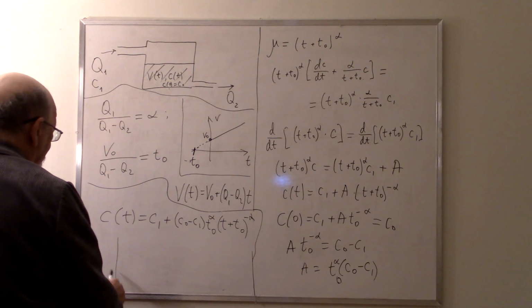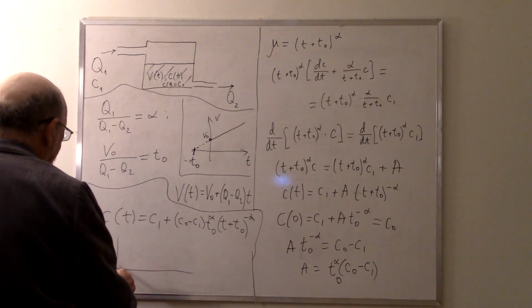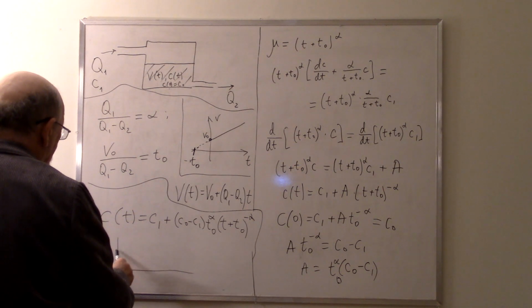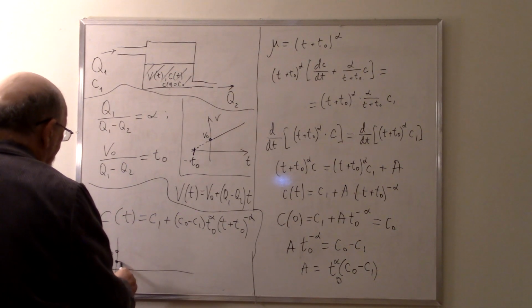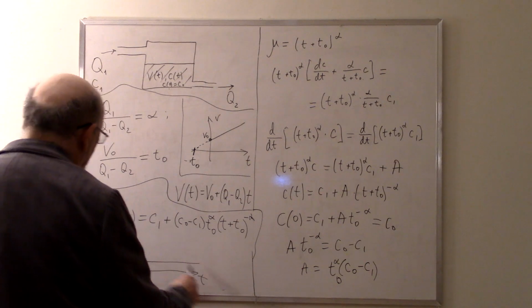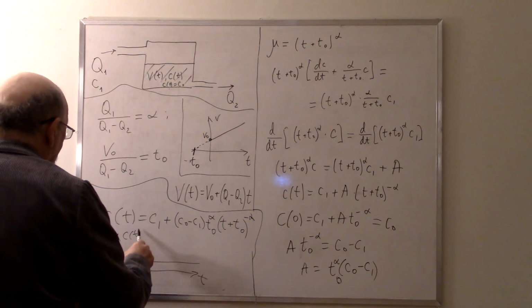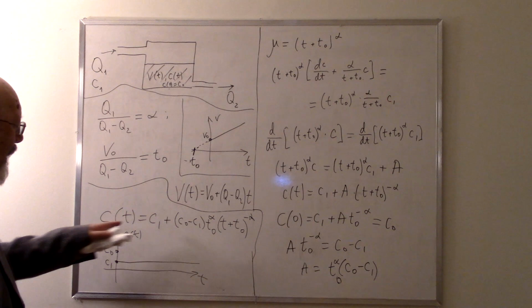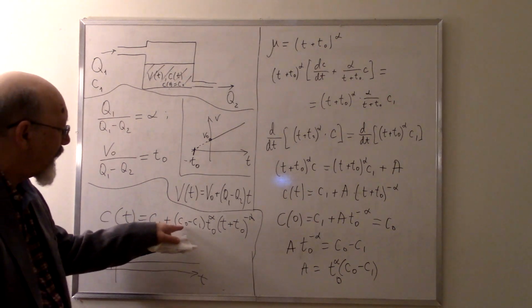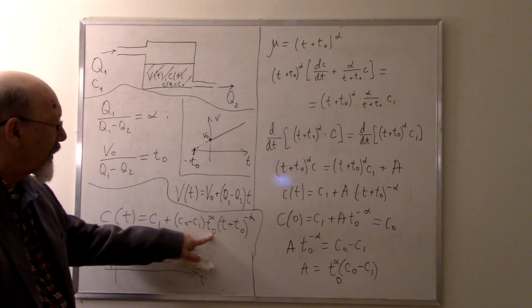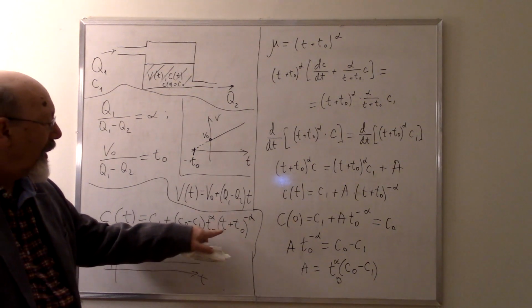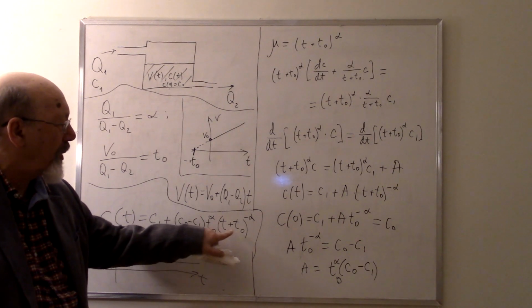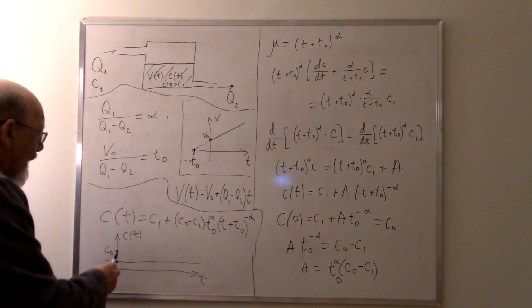Because this is the solution. And see, say this is c0 and this is c1, this is t, this is c of t. So what we have, this is constant, this is constant, this is constant, and this function, if alpha is positive, goes to 0 when t goes to infinity.